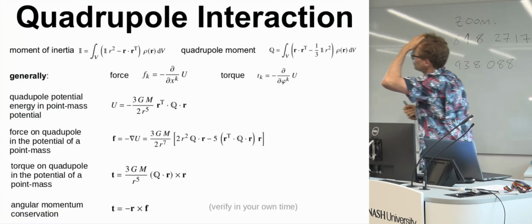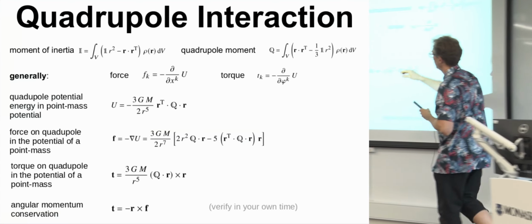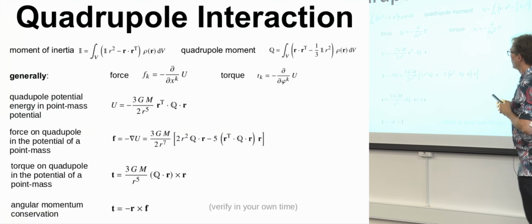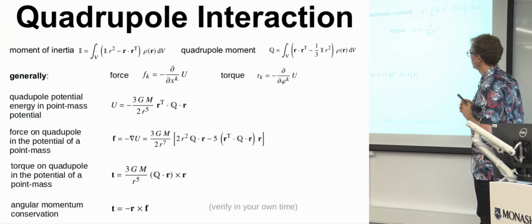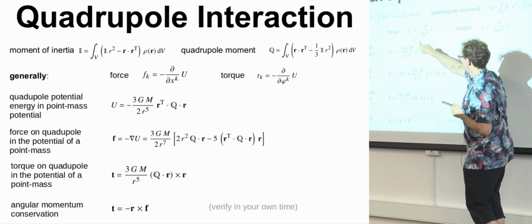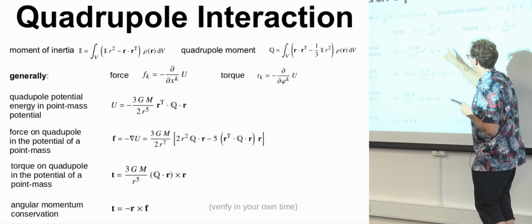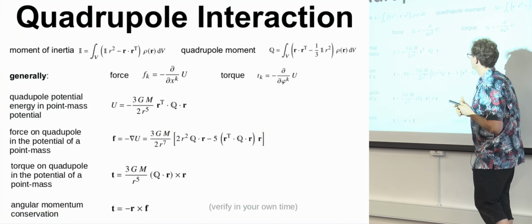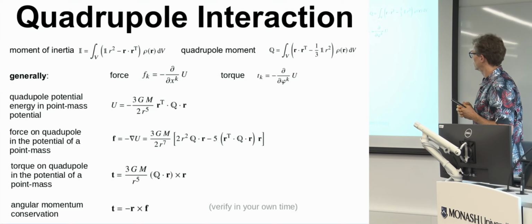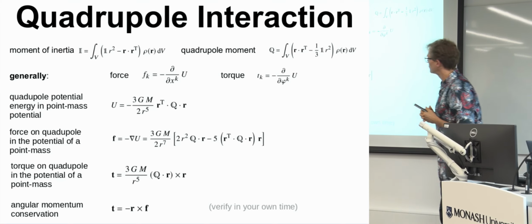So what one has to do for this quadrupole interaction: one can define the moment of inertia tensor by some integral, and the quadrupole tensor. With that, one can also generally define the force on your deformed object as the derivative of the potential with respect to space, and the torque as the derivative with respect to the angle, the orientation.